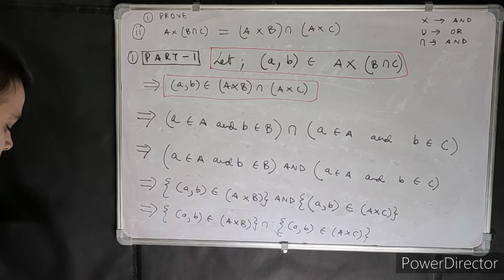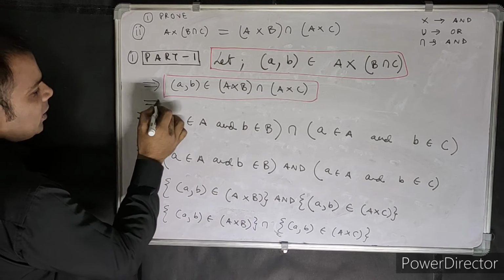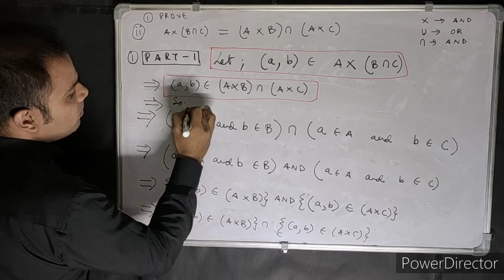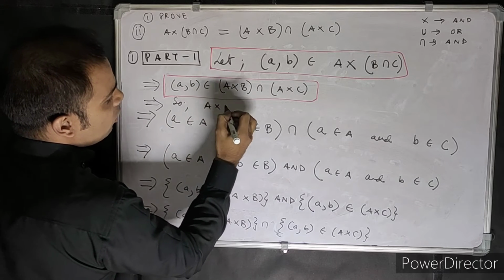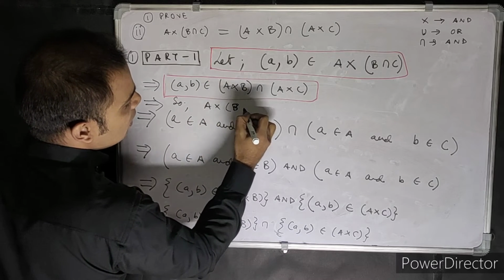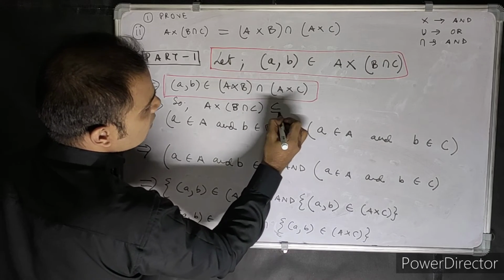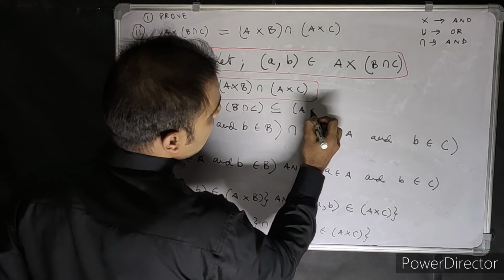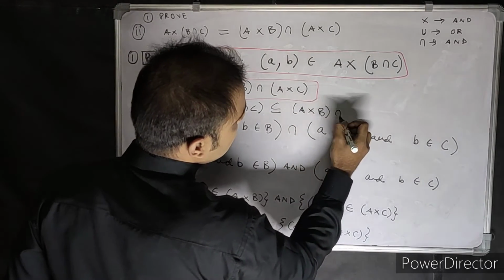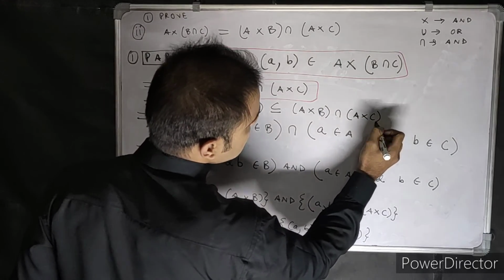So one more line you have to write is, A cross (B intersection C) is a subset of (A cross B) intersection (A cross C).